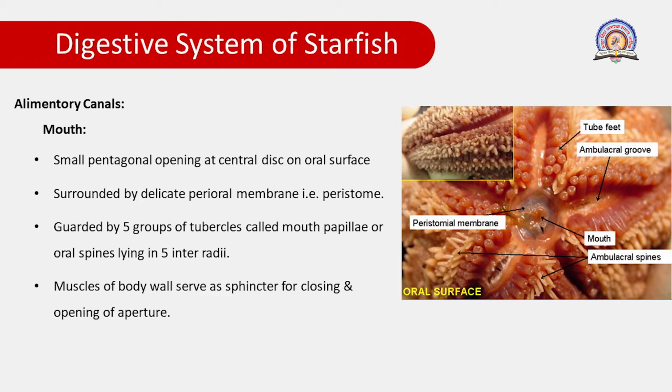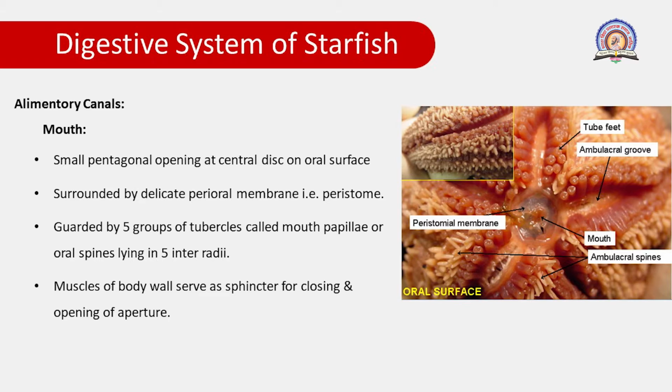At every junction of the arms, the peristome has a pair of small needle-like portions. We can look at the picture. At every edge you can see the large needle-like portions.